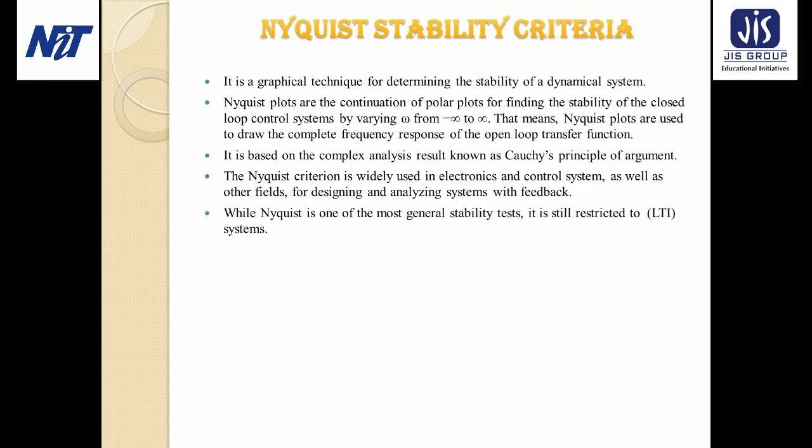But it is still restricted to linear time invariant systems, though it is the most general stability test. Now, the Nyquist plot is the continuation of the polar plot to find out the stability of the closed loop system, and here we vary omega from minus infinity to infinity. That means Nyquist plots are used to draw the complete frequency response of the open loop transfer function.